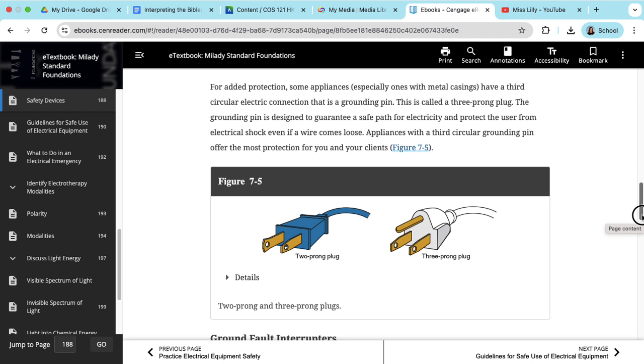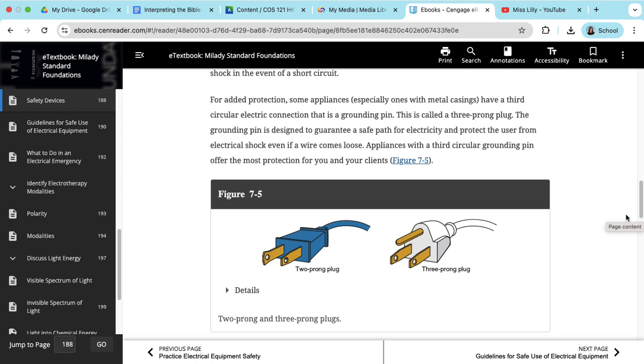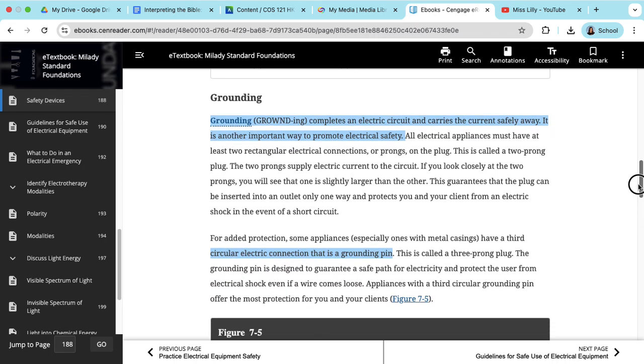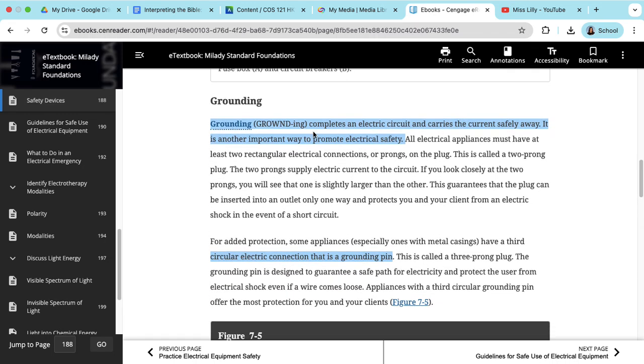The 3-prong plug is safer. Why? Because this third circular electric connection is the grounding pin. And remember that grounding is when the electric circuit carries the current safely away.